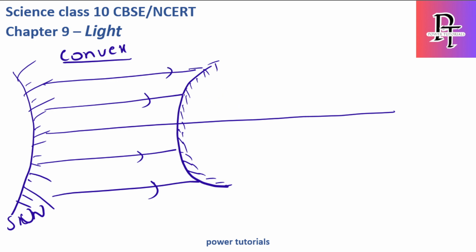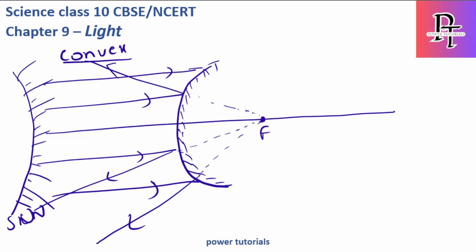At the same time, they will appear to be coming from a point which is here. So it will be reflected in this way. Got it? So all the incident rays will be reflected in such a way that they appear to be coming from a point exactly at this point, which is called the focus. So this is the center and this will be the pole.